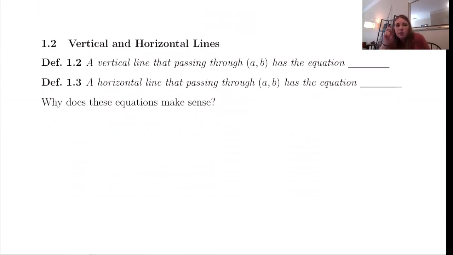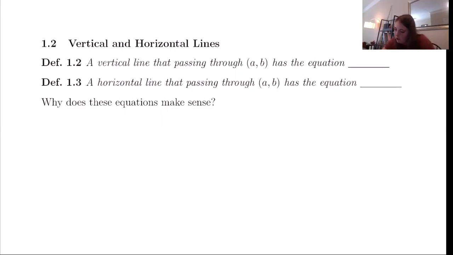Vertical lines go up and down, horizontal lines are like the horizon. That's the only way I can remember: the horizon is this way, so the horizontal lines go this way. Also, the Z in horizontal has 2 sideways lines in it, where vertical, like the V, is like 2 up and down lines. Another way to remember it.